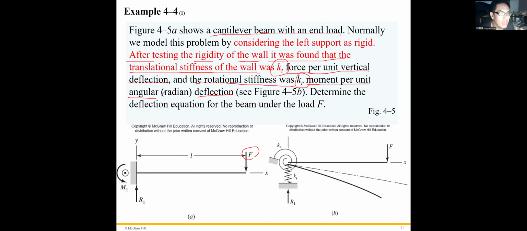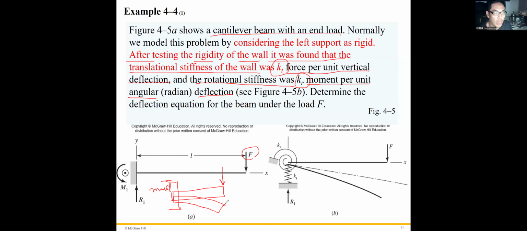And this wall, maybe it's clay or some mud. If we insert a beam or rod here, and the wall is not rigid, for example it's mud, then when you apply an end load here, the beam will deflect.